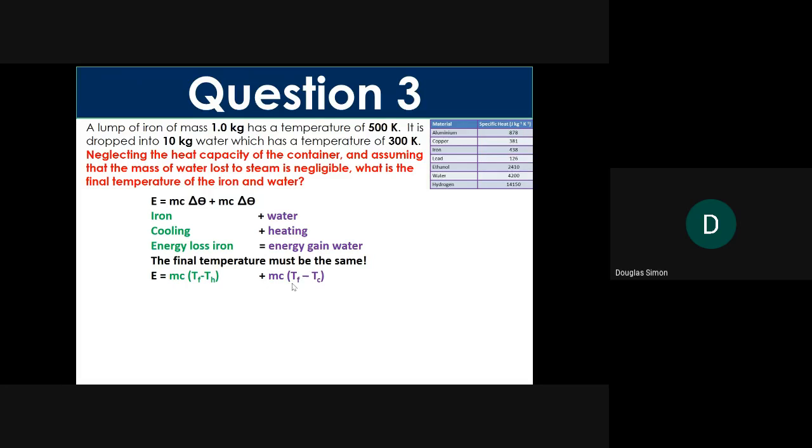And for the water, it's going to be the final temperature minus the cold temperature, or 300 Kelvin. So importantly, because the iron is cooling down, the final temperature minus the hot temperature is going to be negative, whereas for the water, this value is going to be positive.